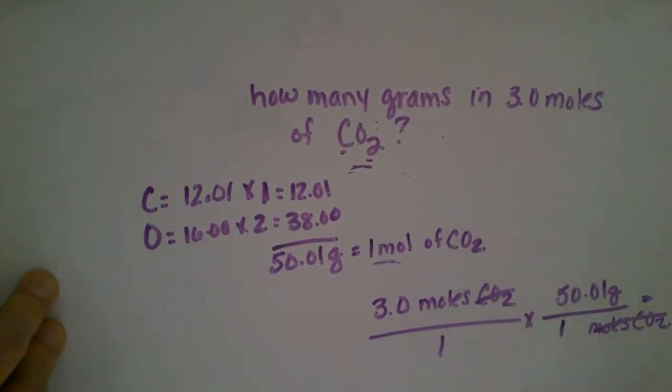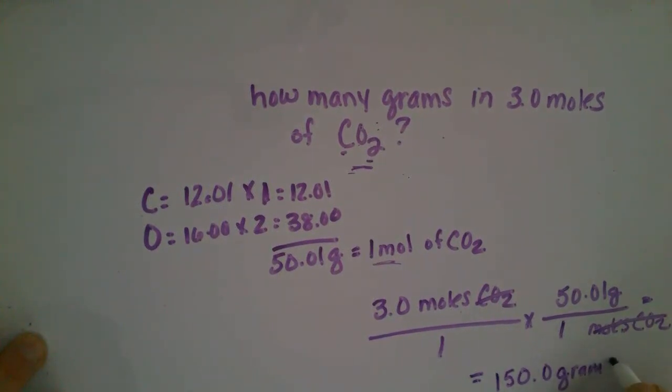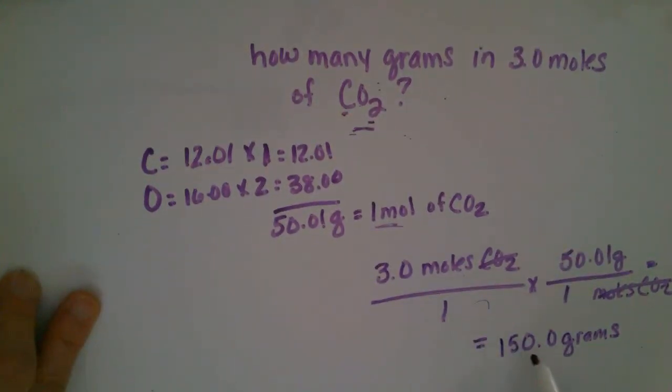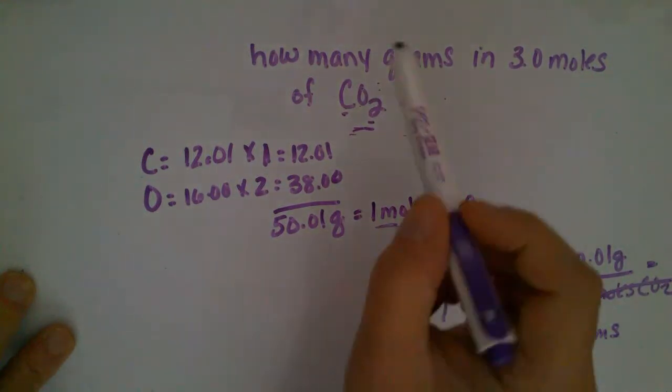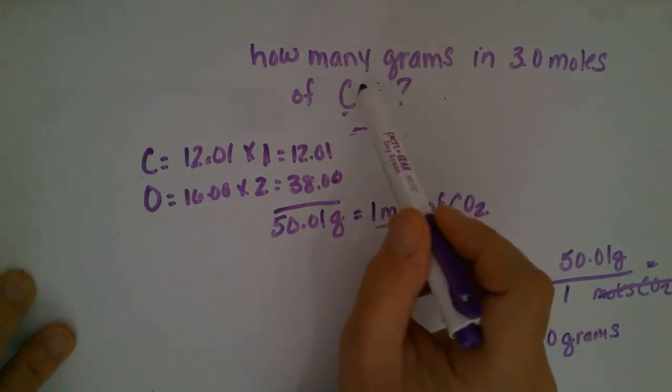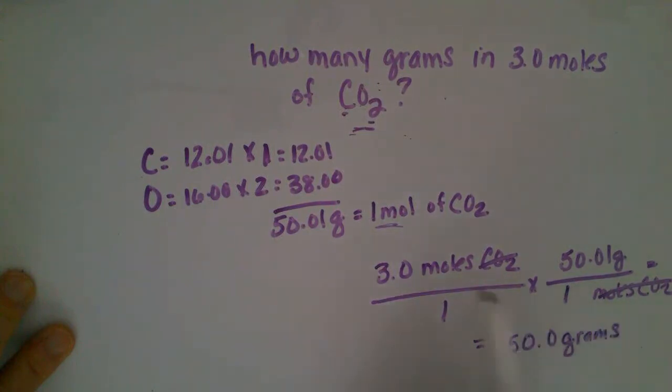So those would cancel, and what we would end up with is 132.0 grams. So 3 moles of carbon dioxide equals 132.0 grams.